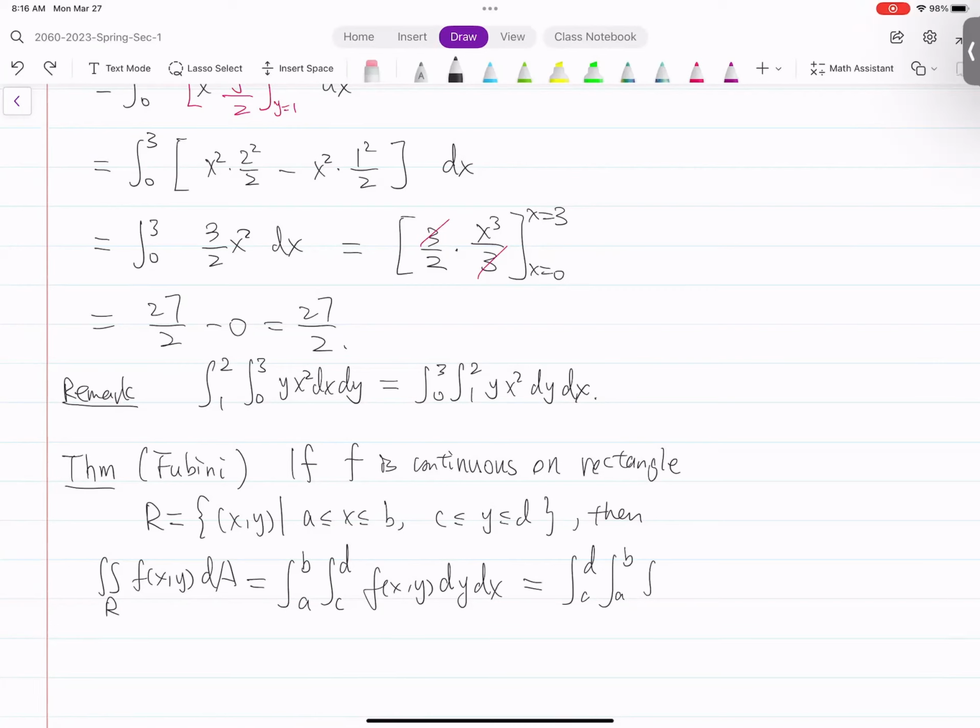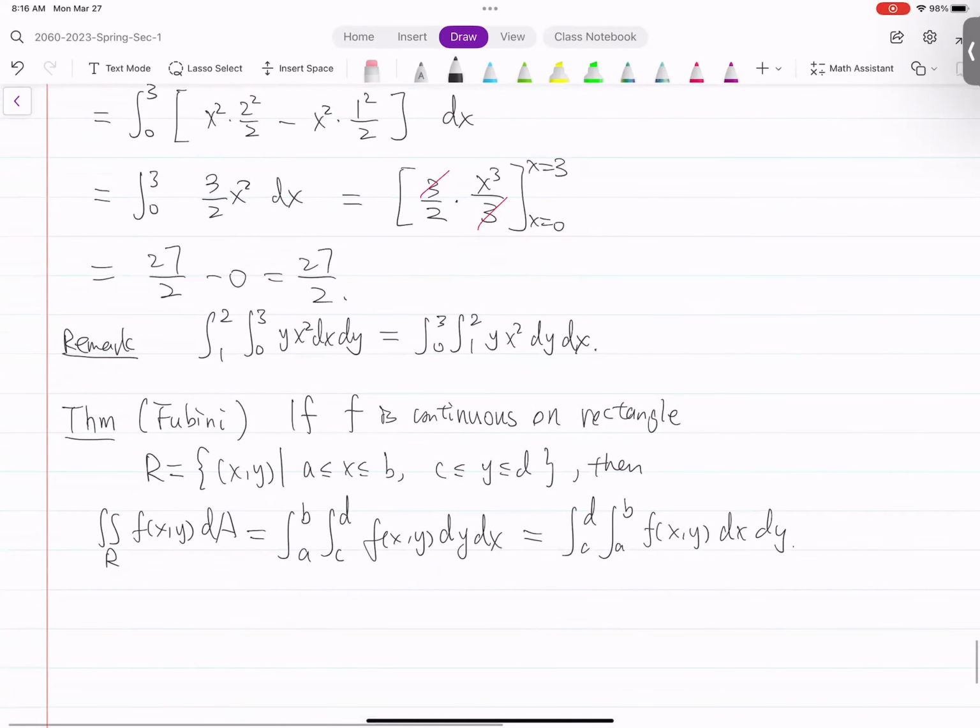It should give you the same result, as long as your function here that your input is continuous.